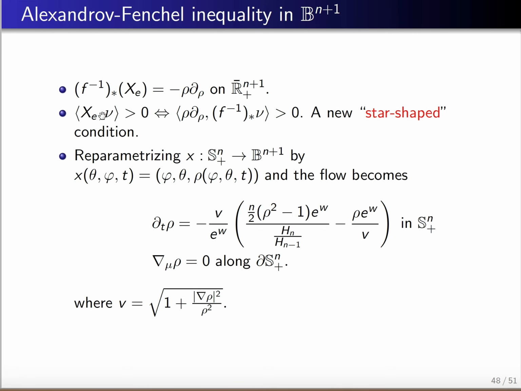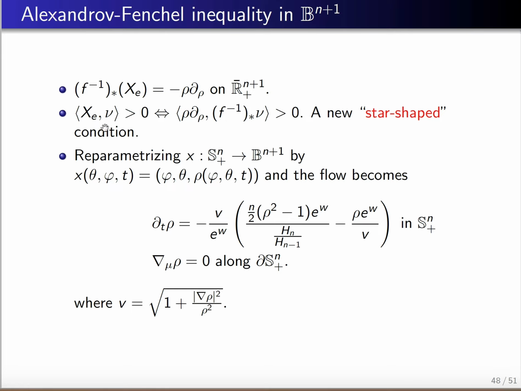So the interesting thing is that when you push forward this conformal Killing vector field along this conformal diffeomorphism, you get the position vector field on the half space.